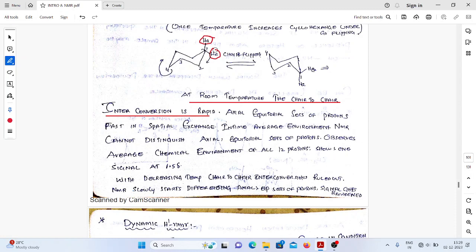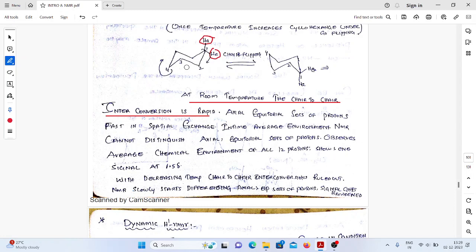That's why all the axial and equatorial protons are considered as one set. In cyclohexane, how many protons are there? 12 protons: 6 are axial in nature, 6 are equatorial in nature.